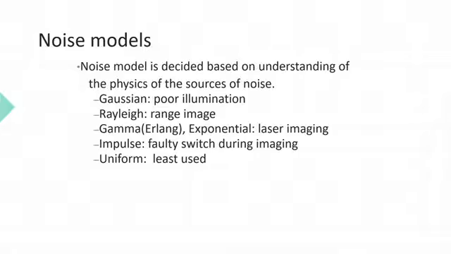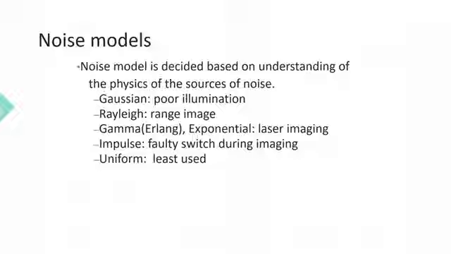Whereas if Rayleigh noise is there, the image range might be disturbed. If it is gamma type of noise or exponential type of noise, it is more involved in laser type of imaging. When it comes to impulse, it may give rise to a faulty switch. Faulty switch means if it is 0, it gives 1. If it is 1, it gives 0.